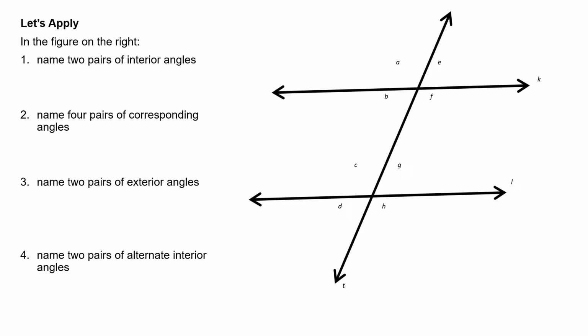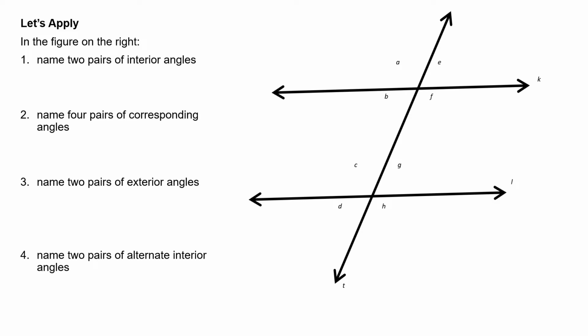Let us now try this figure on the right. Number 1, we're going to name two pairs of interior angles. So let us locate the two pairs of interior angles. As you can see, this part is where our interior angles are located.